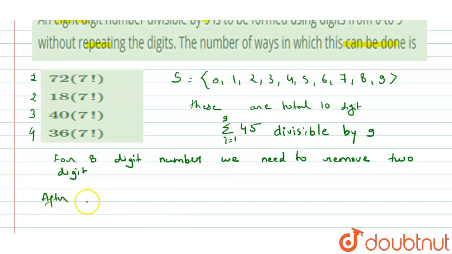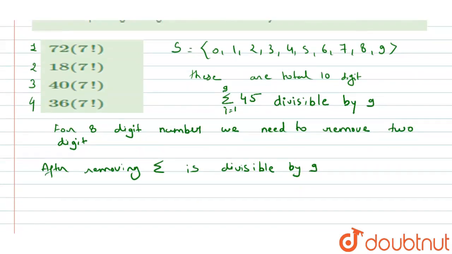Because before that it is divisible by 9, after removing it is also divisible by 9 if we remove a pair summing to a multiple of 9. Let's assume we can remove the pair.